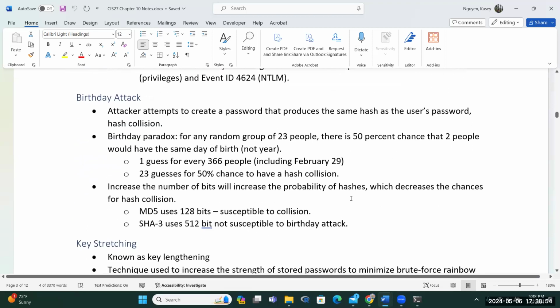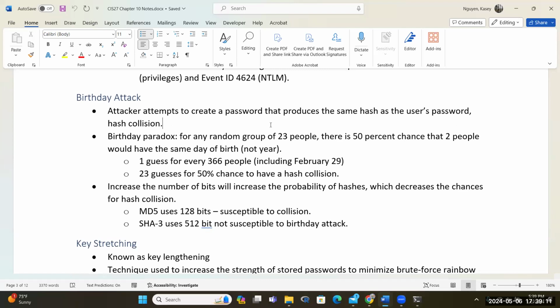Now on the birthday attack, this uses a mathematical theorem. This is a pigeonhole equation based type of attack, because there are only so many ways that we would look at numerical values. For example, there are only 12 months in a year.